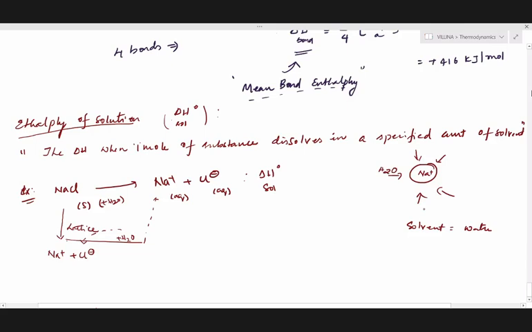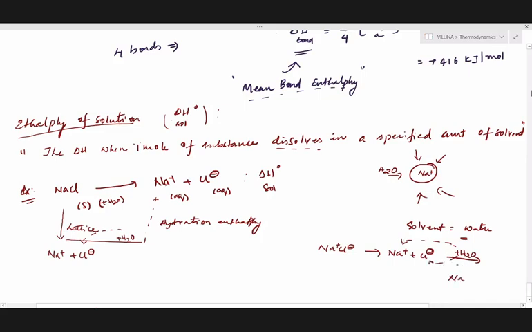Since it is water, we will be calling it hydration enthalpy. So by hydration enthalpy, then only we can say this particular NaCl is dissolved. So what will happen? We have Na plus and Cl minus. First, they will dissociate into their corresponding ions. In the presence of solvent, they will be surrounded, due to dipoles.